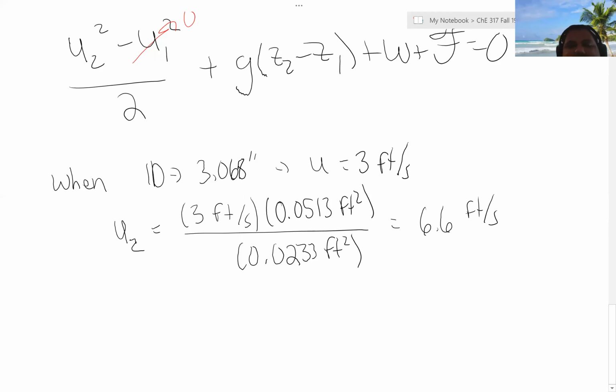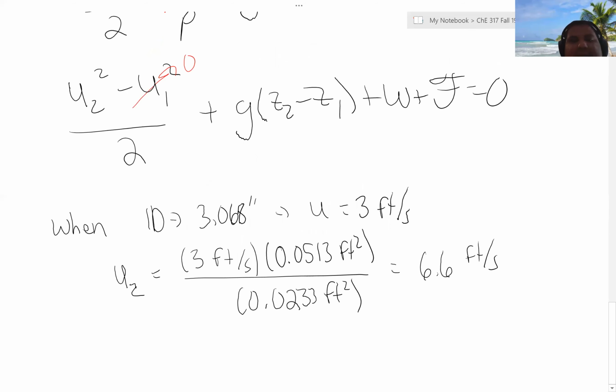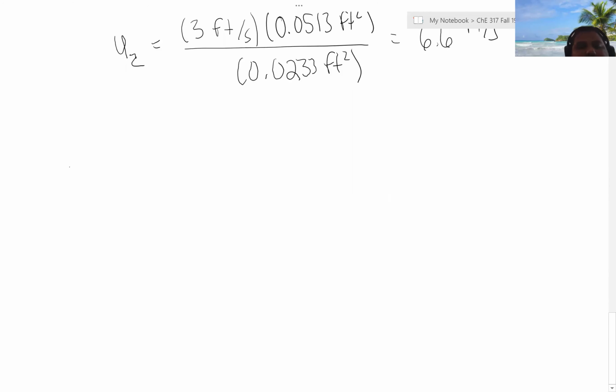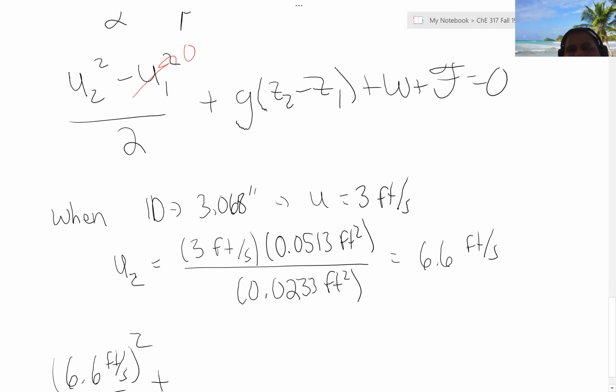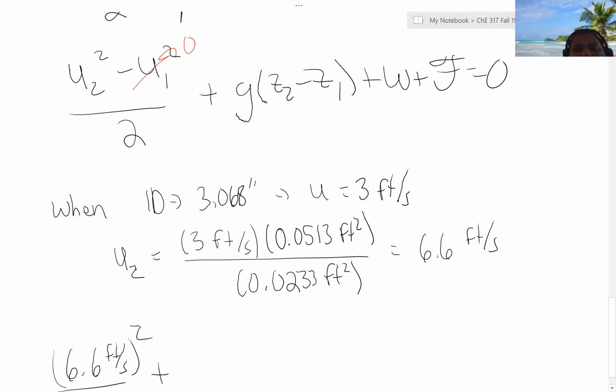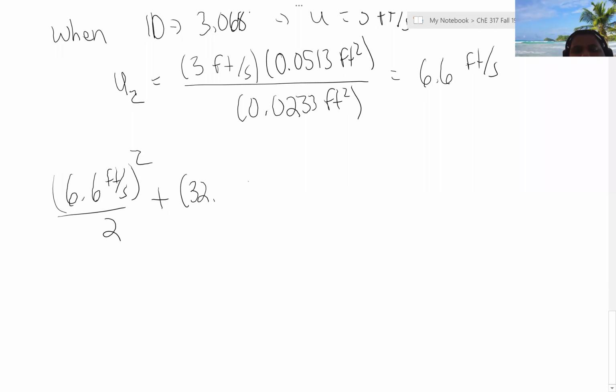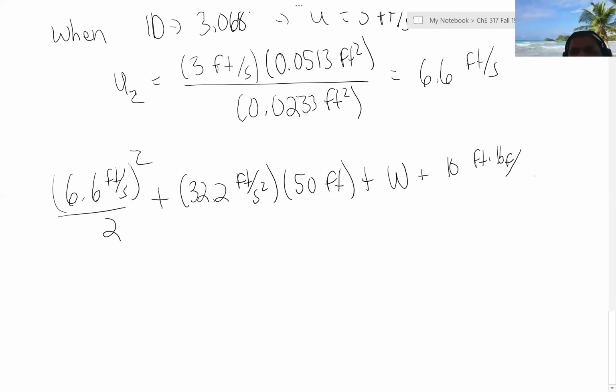And now with this, I should have all the values I need to solve for work by just plugging in my values. So U2 squared, 6.6 feet per second squared, divided by 2, plus G times delta Z, Z2 minus Z1, or 32.2 feet per second squared times 50 feet, plus work, plus friction, which was given as 10 foot-pound force per pound.